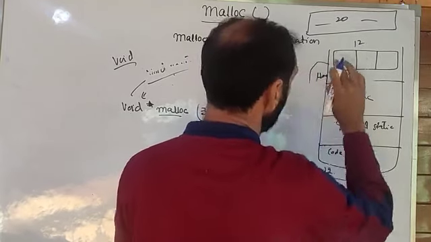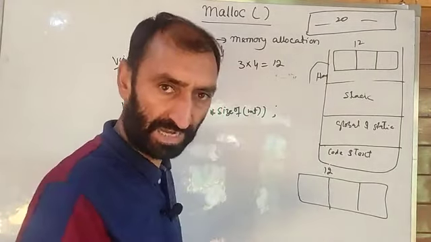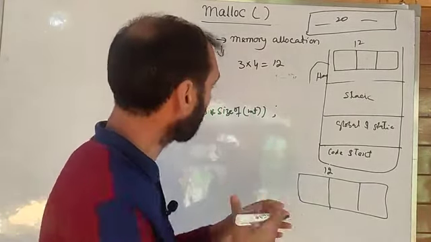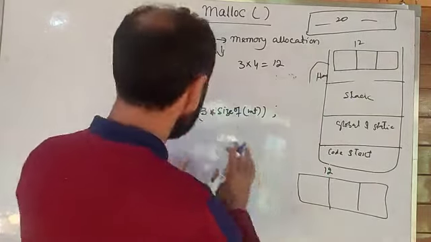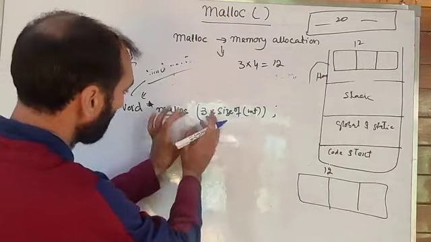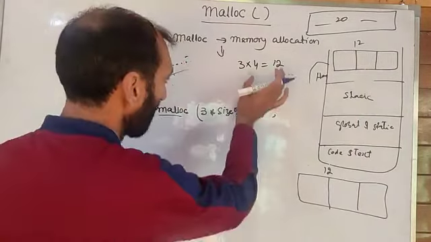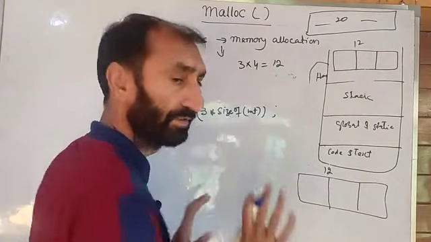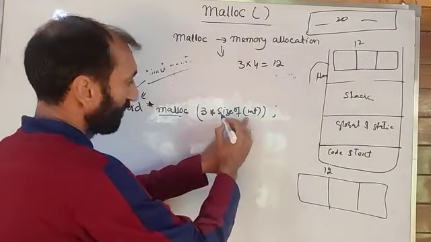As I have told you, memory at runtime or dynamically is allocated from this heap portion. So from the heap portion, a complete 12 bytes of memory will be allocated by the memory manager, where I am going to store the 3 integer values, because here I am requesting sizeof int.